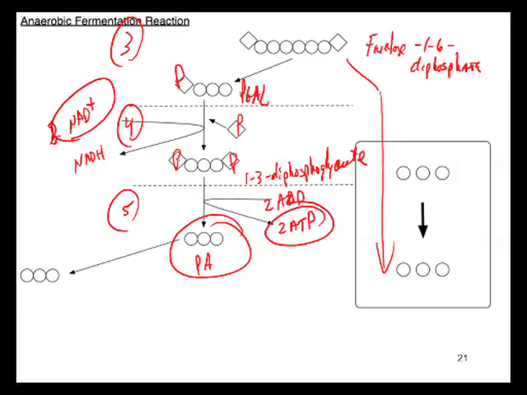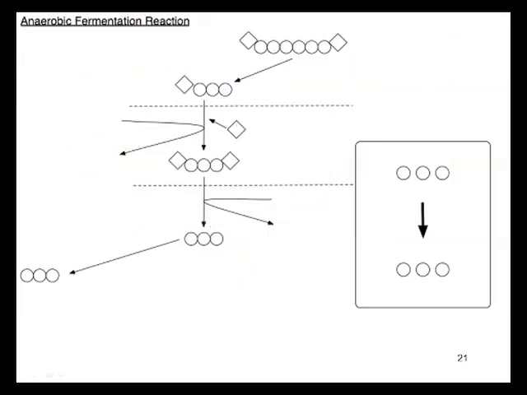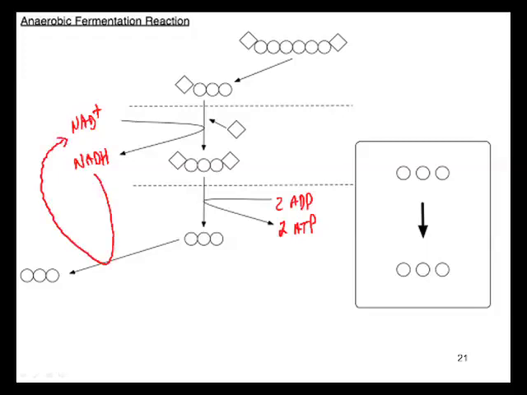So in order to maintain a supply of NAD, let me just clean it up here. In order to maintain that supply of NAD, to ensure that there is still some ATP production occurring, the NADH will hand its electrons off to the pyruvic acid, forming lactic acid.